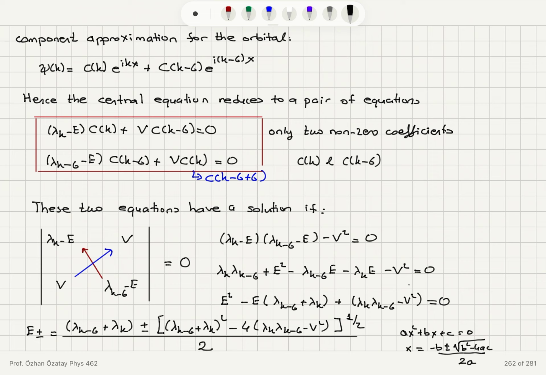So this is what I do here, and I see that there is a positive energy and negative energy solution, E plus and E minus. Here minus b is λ_{k−G} + λ_k, plus or minus the square root of (λ_{k−G} + λ_k)² − 4ac. A is 1 here, so minus 4(λ_k λ_{k−G} − V²), divided by 2a. A is 1, so it is 2.